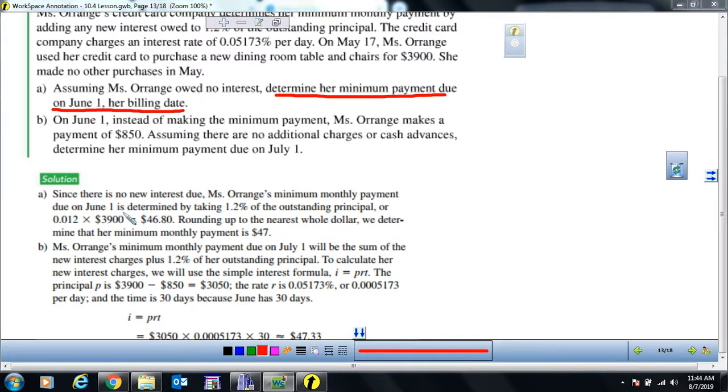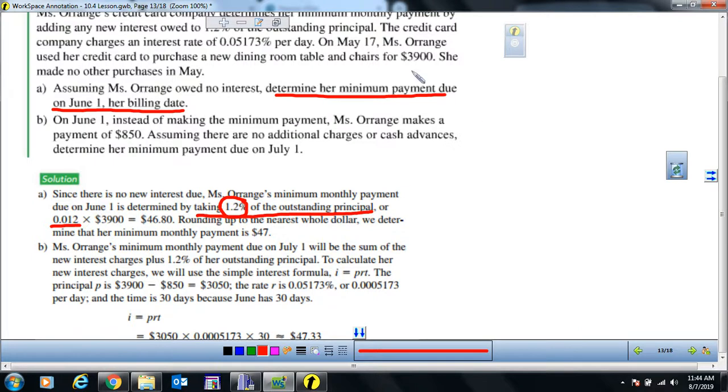So for letter A, since there is no interest due, Ms. Orange's minimum monthly payment due on June 1st is determined by taking 1.2% of the outstanding principal. If you want to calculate 1.2% of any amount, or any percent of an amount, you're going to divide that number by 100. That number divided by 100 is right here.